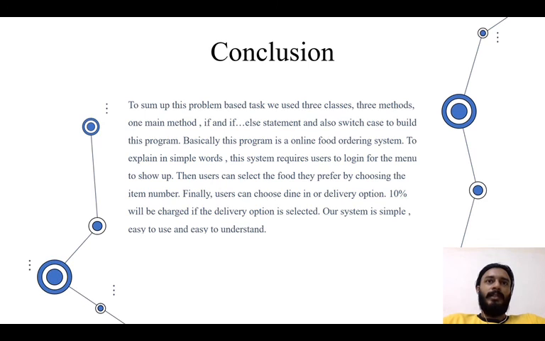Then the user can select the food they prefer by choosing the item numbers. Finally, users can choose dine in or delivery option. 10% will be charged if the delivery option is selected. Our system is simple, easy to use, and easy to understand.